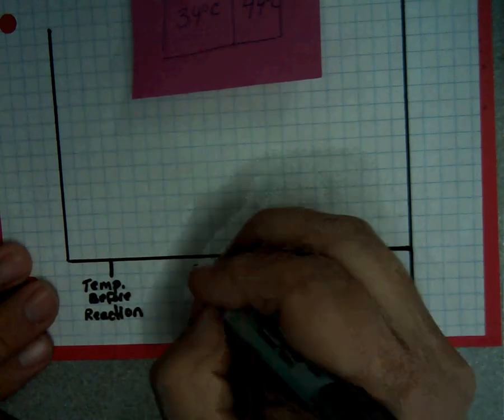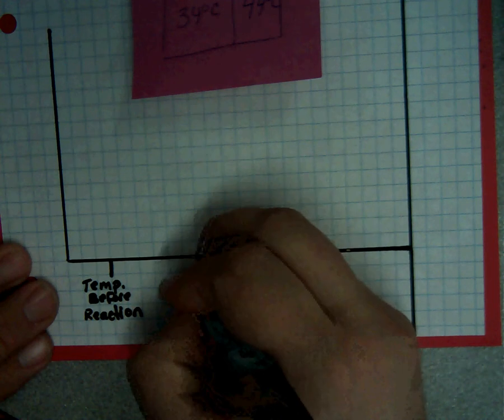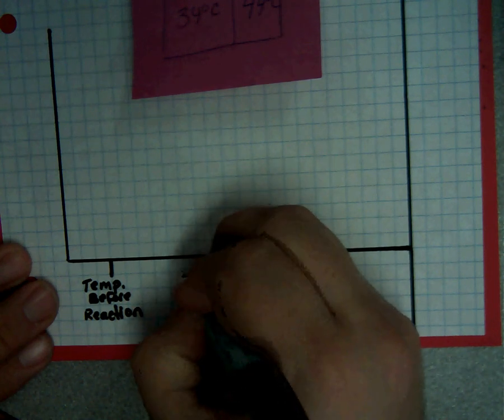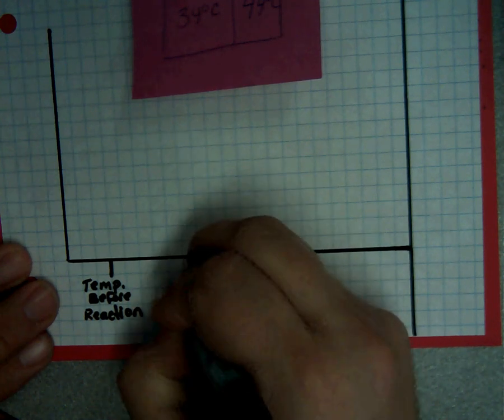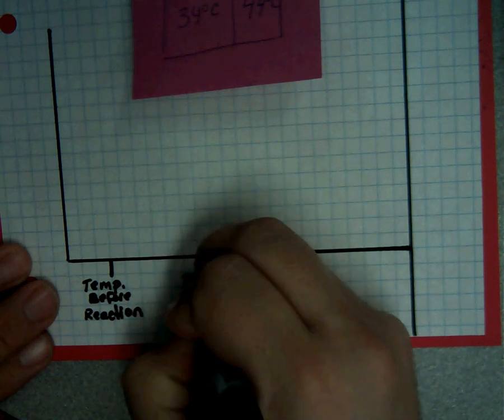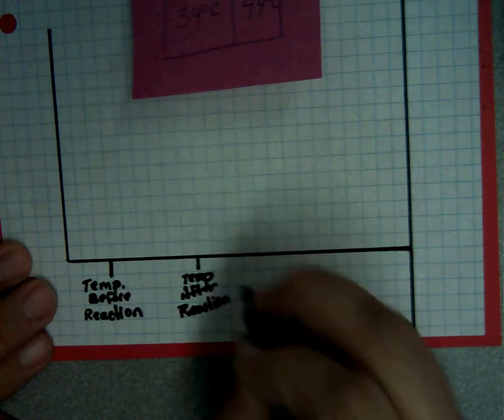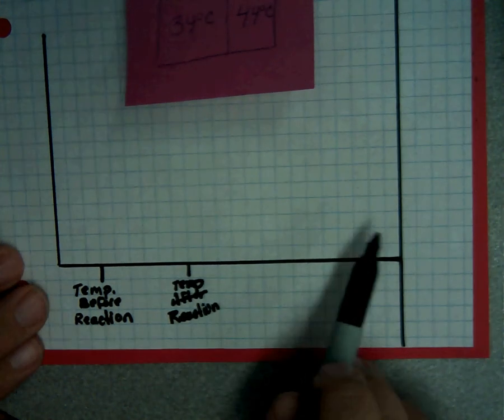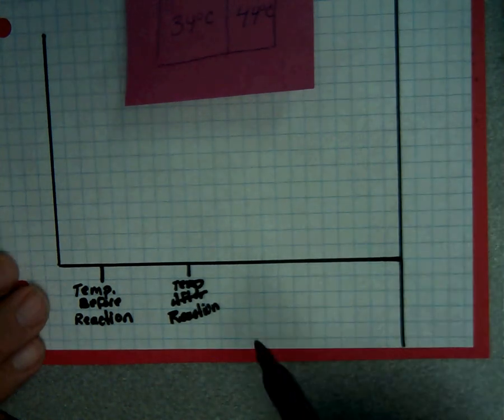And I'm going to go a little down and do temp after reaction. And I'm not going to label anything over here because I'm going to have positive and negative values.